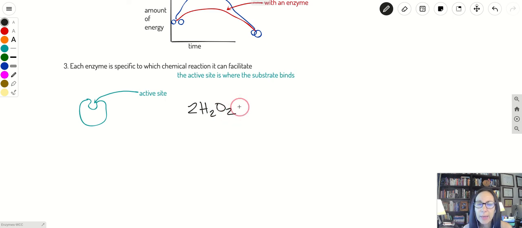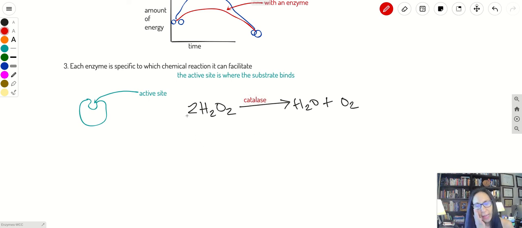And there's an enzyme called catalase that takes apart the hydrogen peroxide and makes it into water, which is H2O, and oxygen, which is O2. So we've got an enzyme here, and I'm going to write the enzyme right here, catalase. And so this is our chemical reaction.